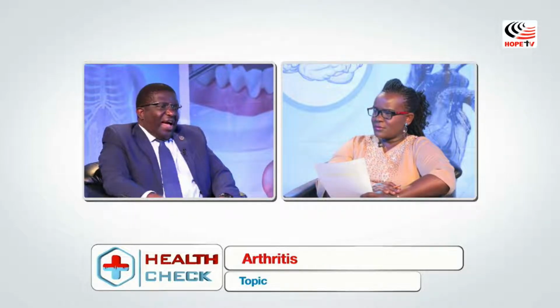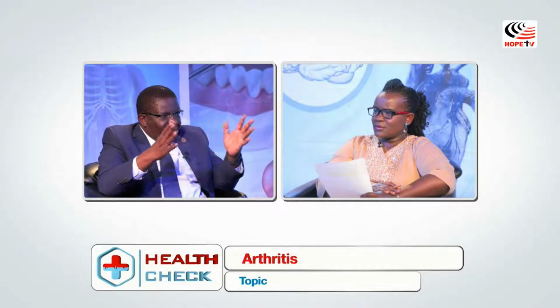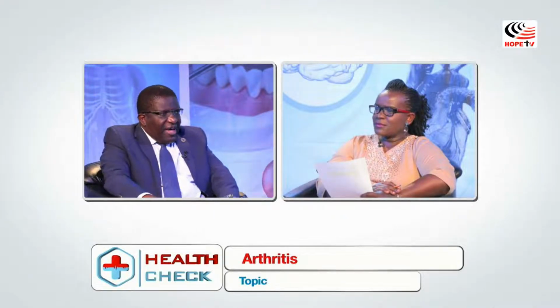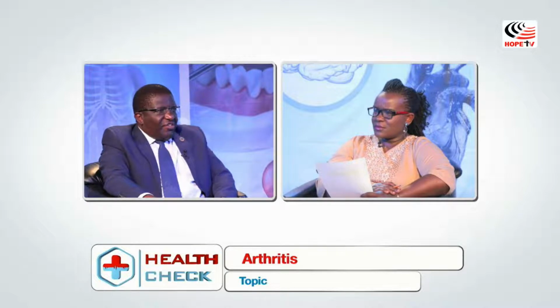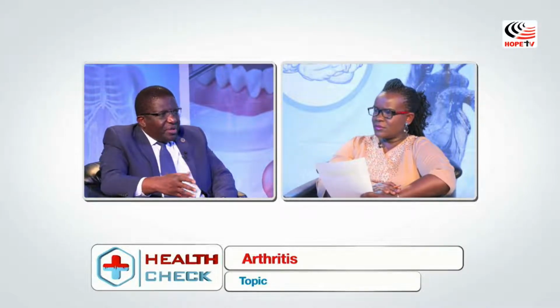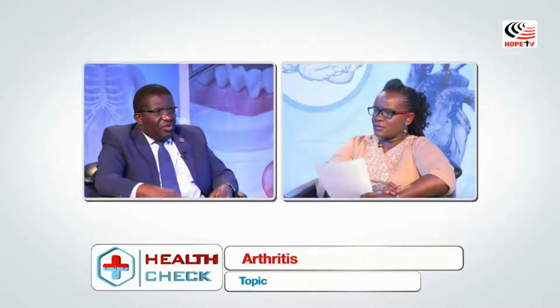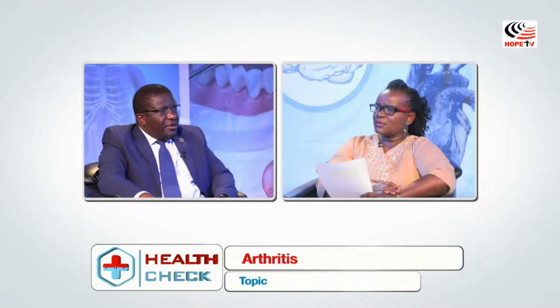Then you have other forms of arthritis we call spondyloarthritis or seronegative arthritis, which mainly affect the large joints and the back. These are also genetic, and there are about 4 or 5 of them. There's one we call ankylosing spondylitis, which comes with severe back pain, eye problems, and some genital problems, and can even affect the heart and the lungs in some way.